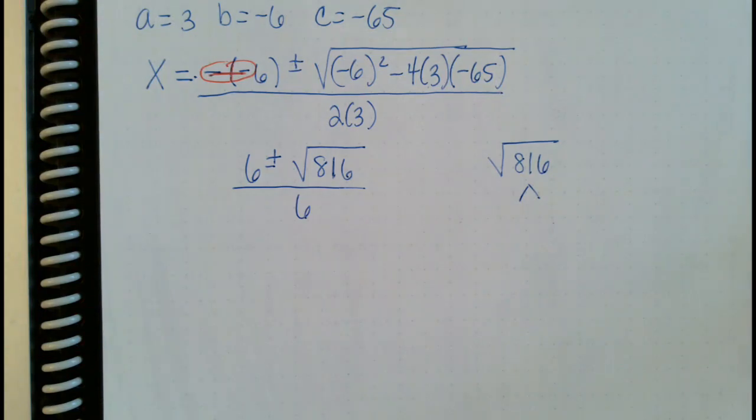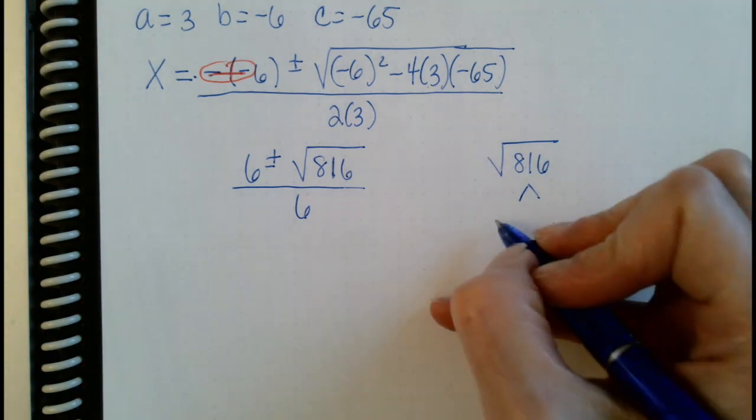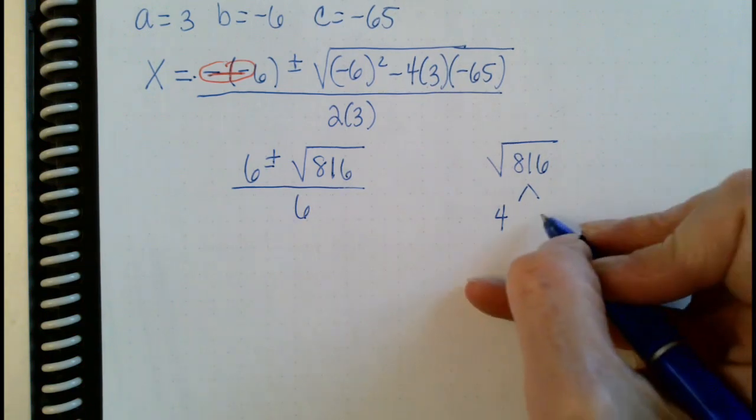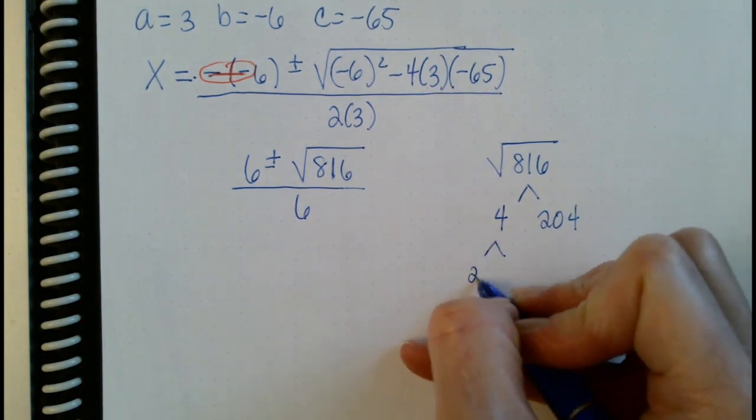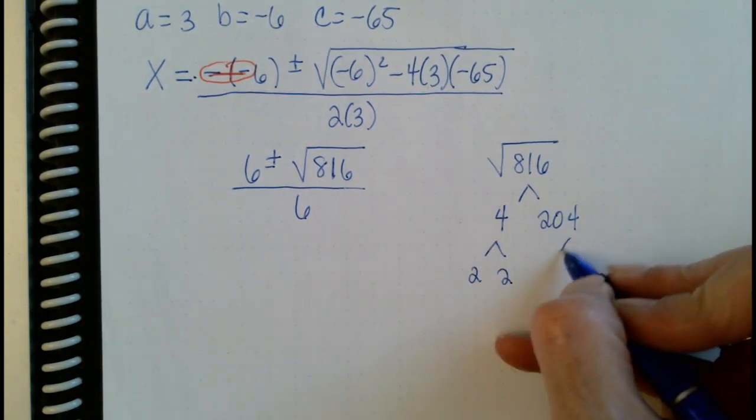And when we simplify it, what we're doing is we're looking at factors of 816. So one of them that I'm trying here is 4. So 4 times 204 gives us 816. And then 4 is 2 times 2.